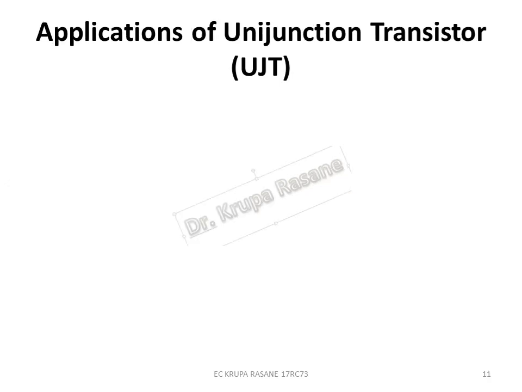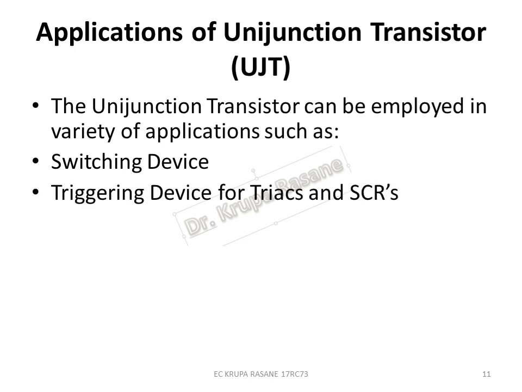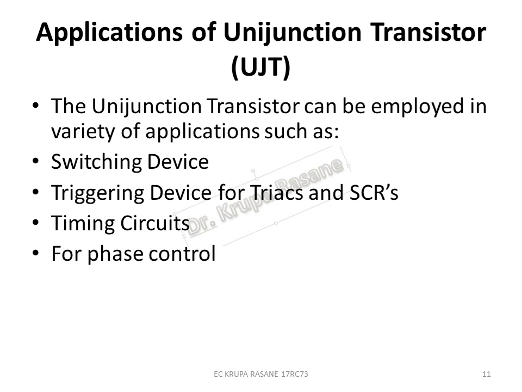Okay, so now that we know what a UJT is and what the characteristics of a UJT are, let us look at some applications of the UJT. The UJT can be employed in a variety of applications such as a switching device, a triggering device for triacs and SCRs, timing circuits, and phase control.